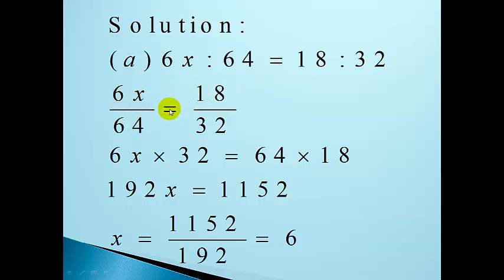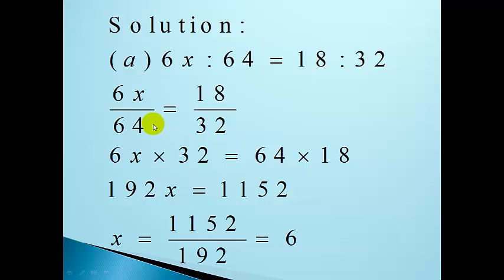This is equal to 18 is to 32, which is also equal to 18 divided by 32. Now solving for the problem means we are supposed to find the value of x. So we have to cross multiply.